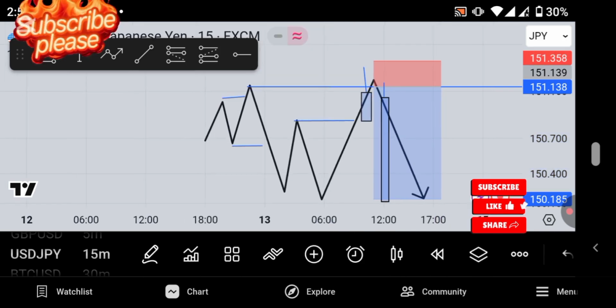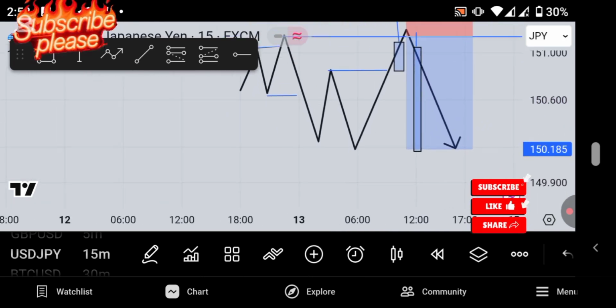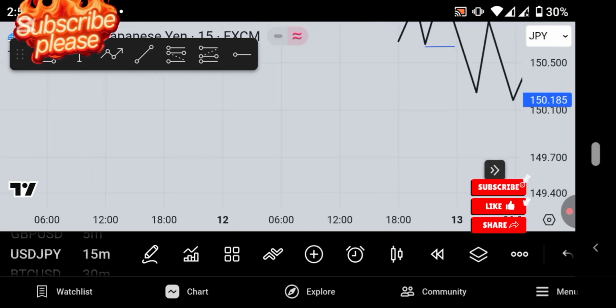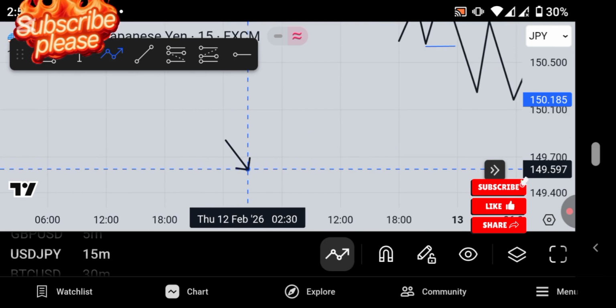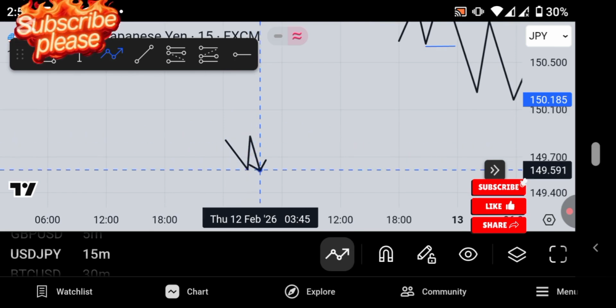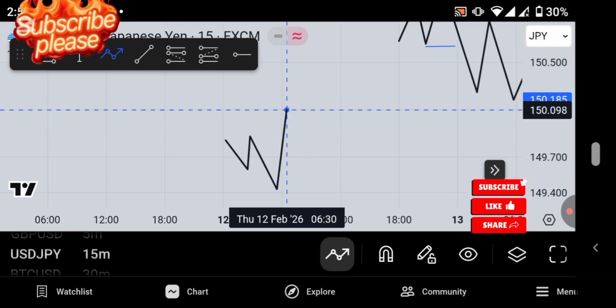So after that, let me draw what the buy scenario should look like. A high probability point of interest will look something like this for the buy scenario.